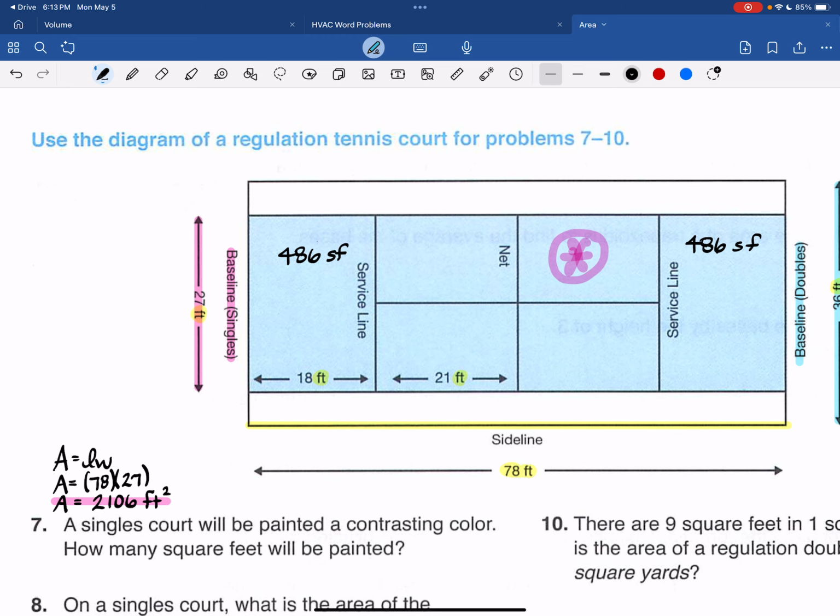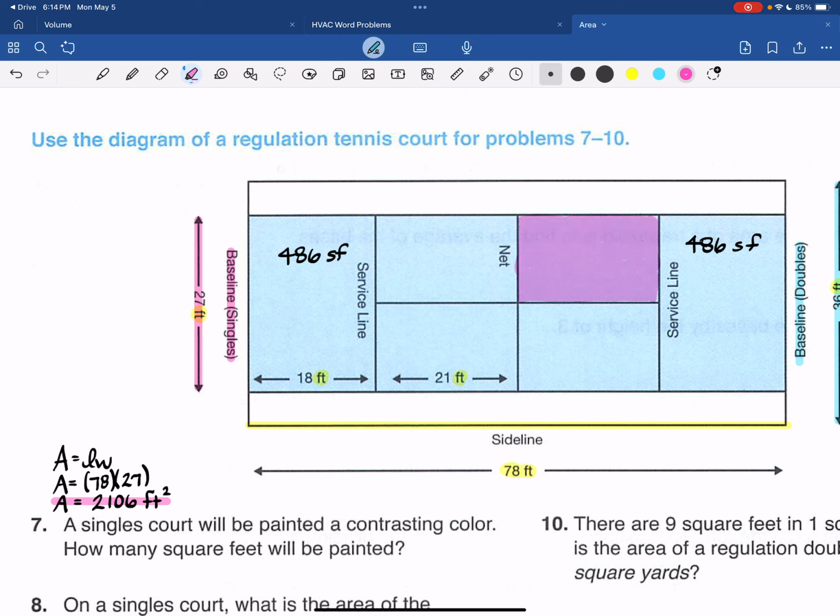Let me just erase this out and color it if I can. I want you to be able to visualize. So much to do with geometry is the ability to visualize what they're talking about. So we're going to have to do a little bit of work to figure this out. The dimensions we're given go corner to corner.